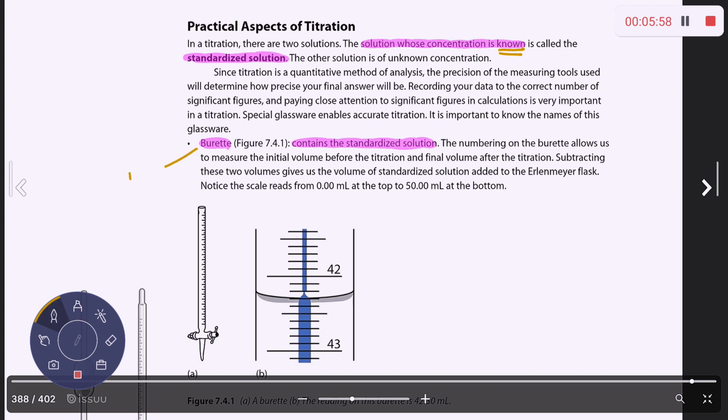So typically we know the concentration of the solution in the burette. When you record volumes using the burette, make sure you record to the hundredths place.